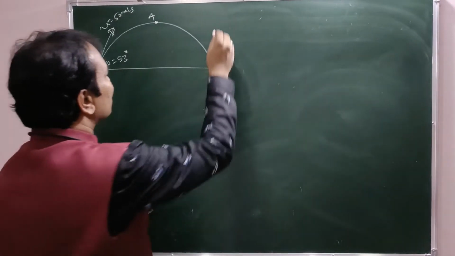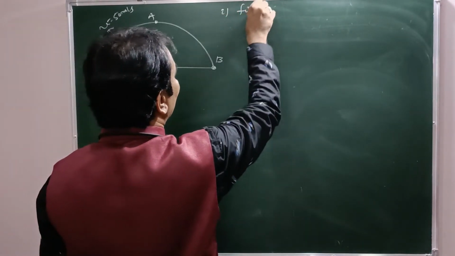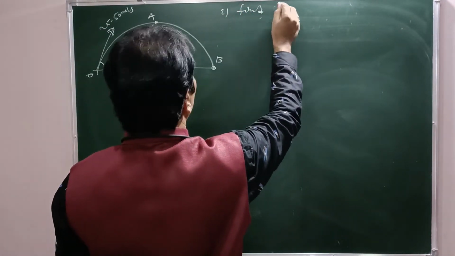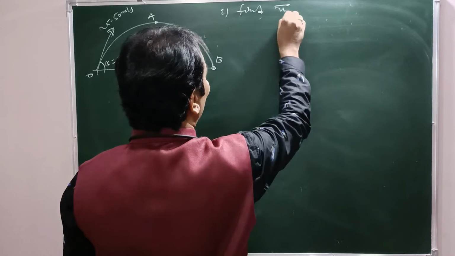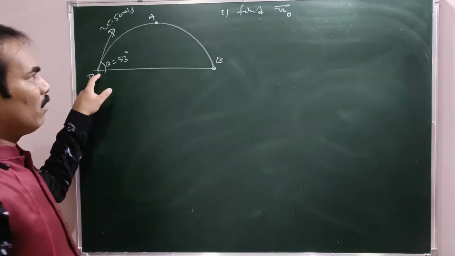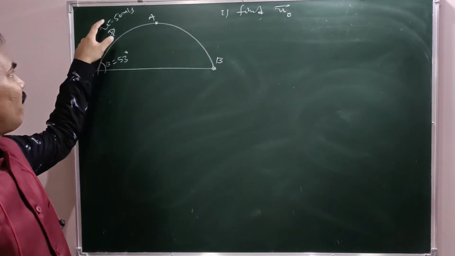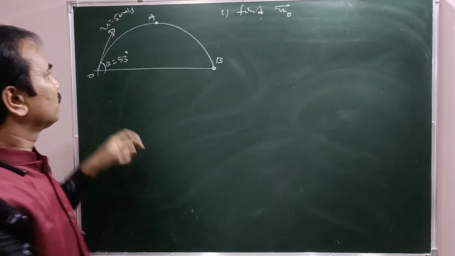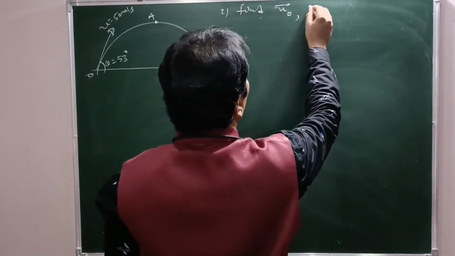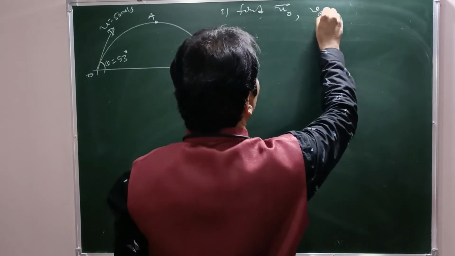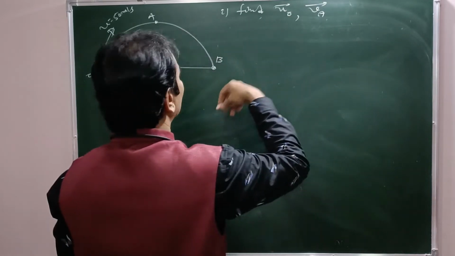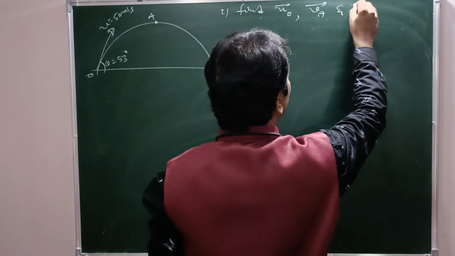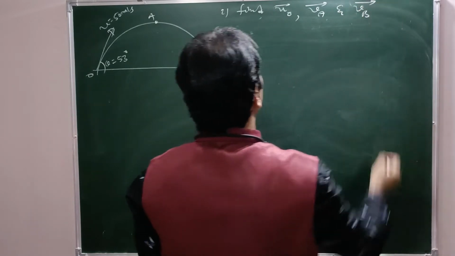Now the question is, number 1, find u bar at O, the initial velocity in vector form at O, the velocity at A in vector form and the velocity at B in vector form.